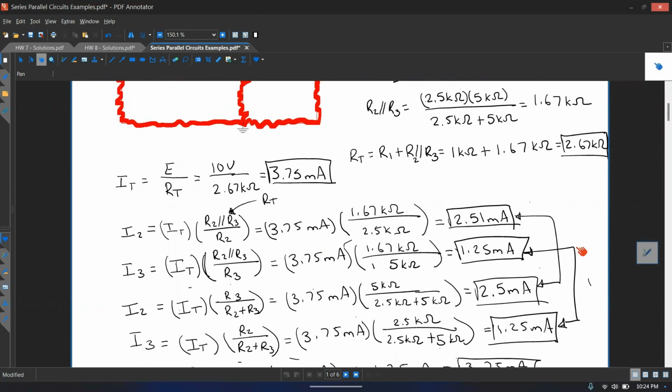In this case, our numerator is just going to be the parallel combination of R2 and R3. Hope that makes sense. If it doesn't, feel free to reach out to me.